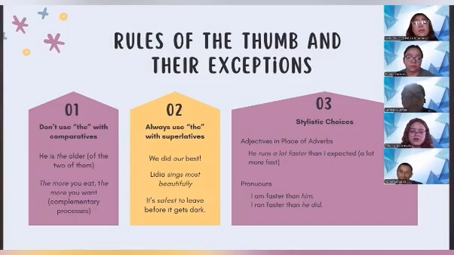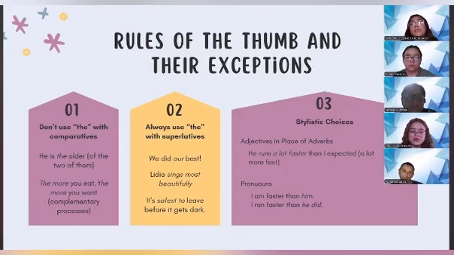For example, he is the older. Here we know that we are talking about two objects, but we're just referring to one of them. And the next one is when we use correlative phrases. For example, the more you eat, the more you want. The more you eat is the cause, and the more you want is the effect.